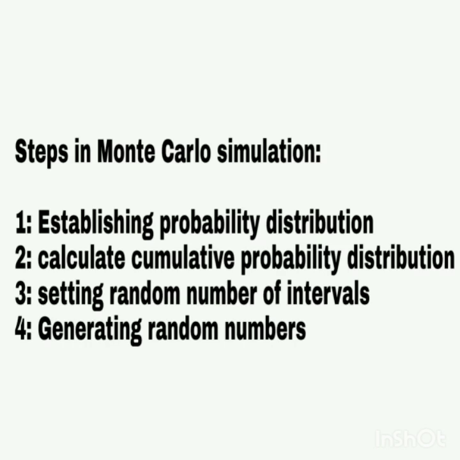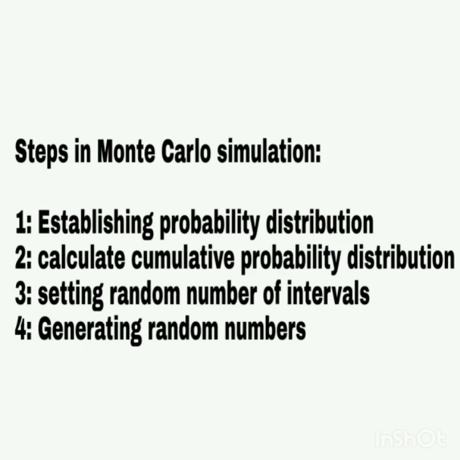The third step is setting the random number of intervals. In this step, depending upon the number of uncertainties and the ranges specified for them, a Monte Carlo simulation could involve thousands or tens of thousands of recalculations before it completes. So it decides the random number of intervals.